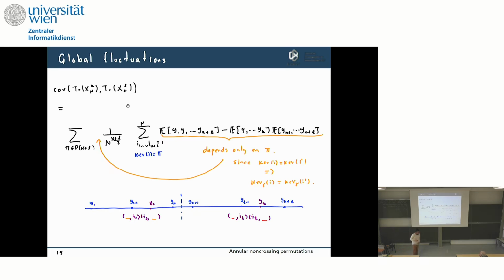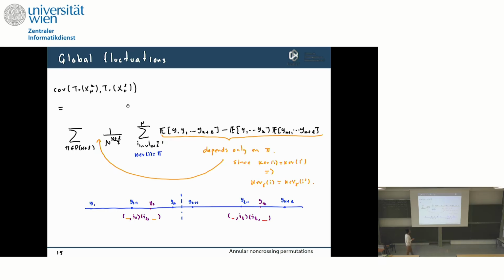But if each block has at least 2 elements and one block has at least 3 elements, then the number of blocks in total will be less than (k plus L) over 2. So I can only consider partitions that have exactly (k plus L) over 2 blocks. That means that all partitions have to be pairings. Okay, good.